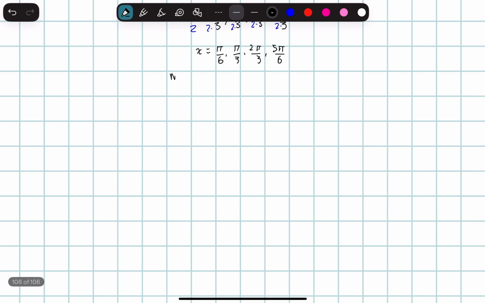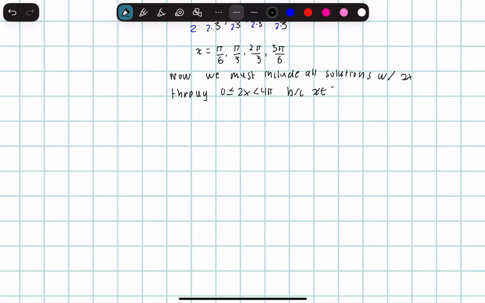But now we must include all solutions with 0 less than 2x less than 4 pi, because x is going to be from 0 to 2 pi.